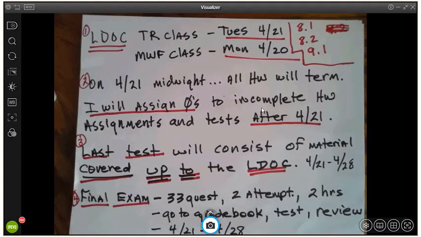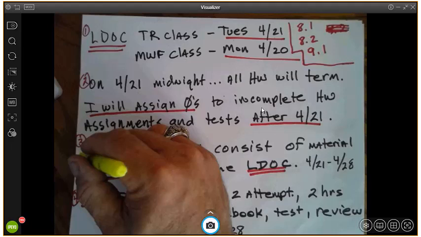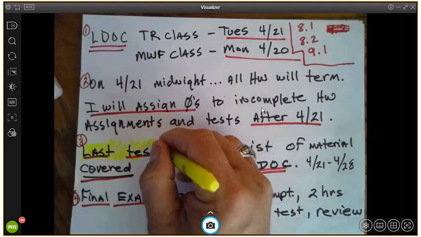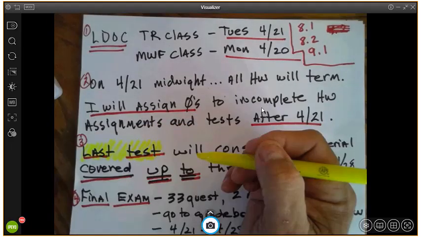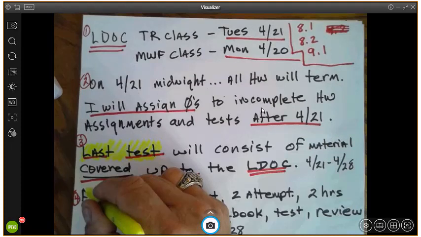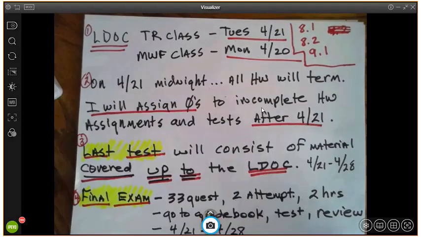So technically, after today, you only have 2 assignments, and that is the last test, which is Unit 4 test, and the final exam. Technically, after tonight at midnight, that's the only 2 assignments you have left.